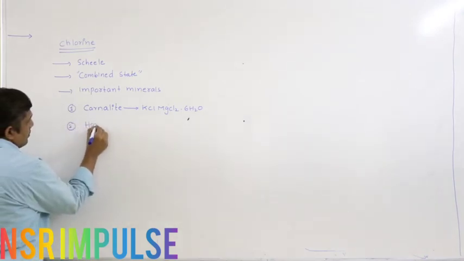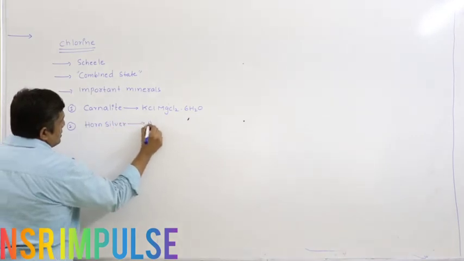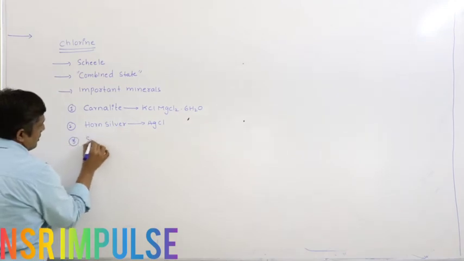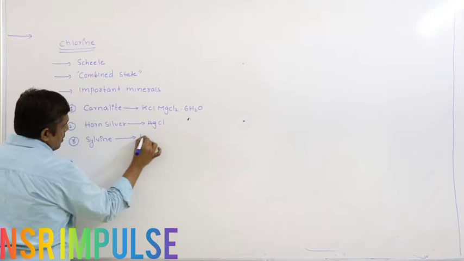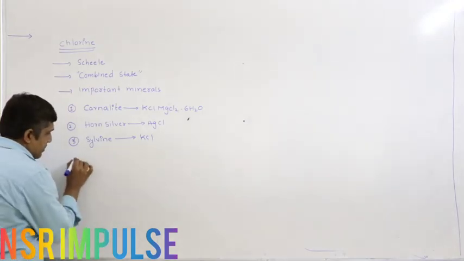Horn silver, AgCl. Sylvine, KCl. These are the important minerals from which chlorine can be isolated. Now let us study the preparation methods.